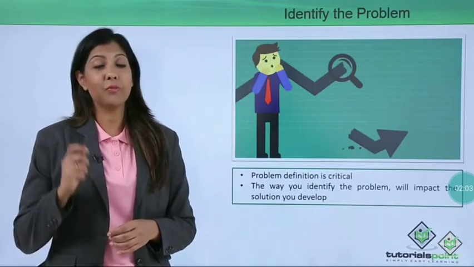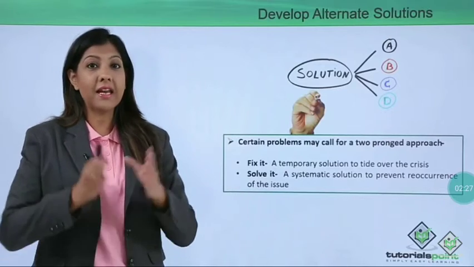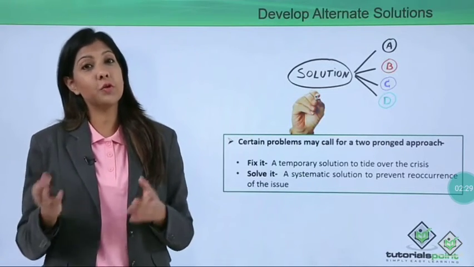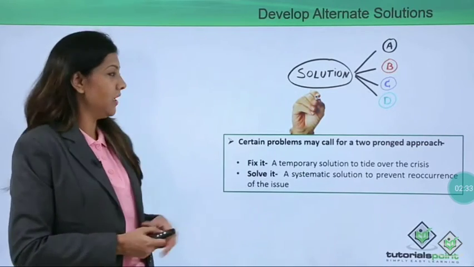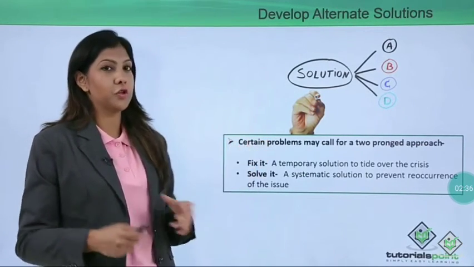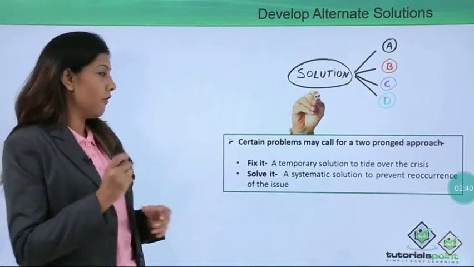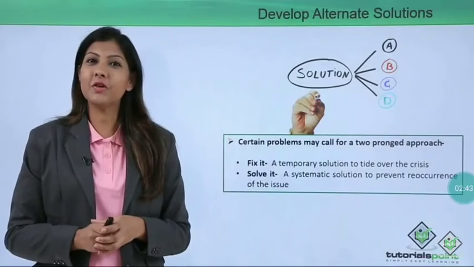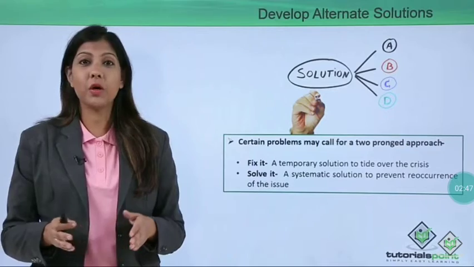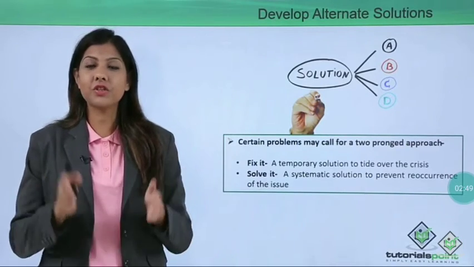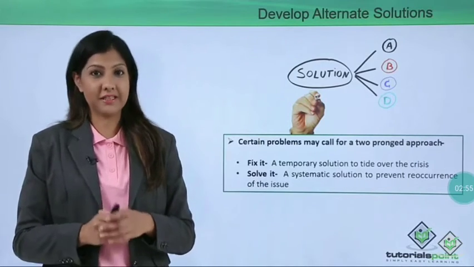So you need to be very, very precise about the alternative solutions. Any particular problem will have different solutions that you can take. Certain problems may call for a two-way process, or there may be different approaches you can take. For example, fix it means you need to immediately fix the problem in a temporary way, overlooking anything else and just trying to give quick relief to the problem which has come up.